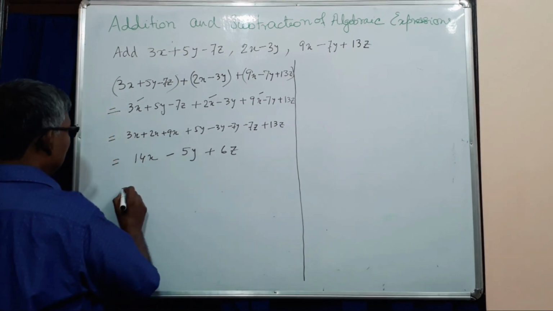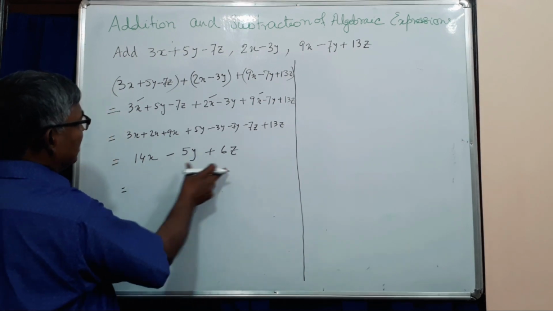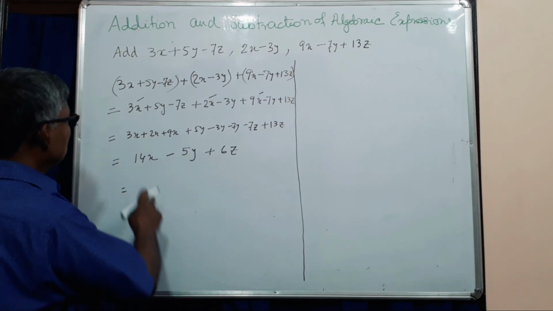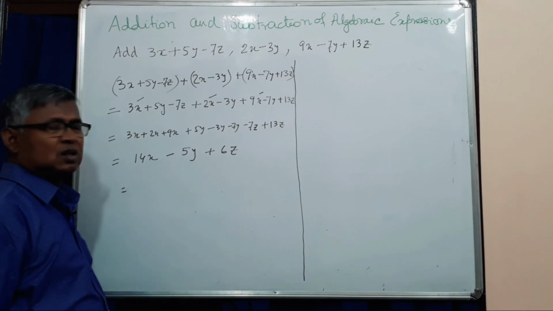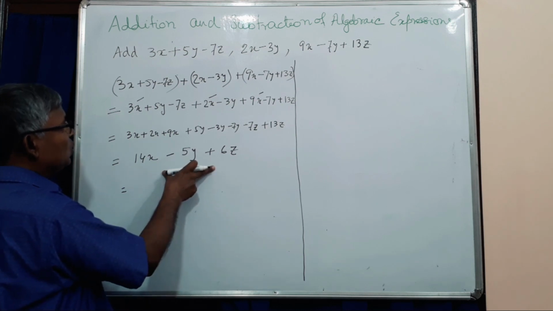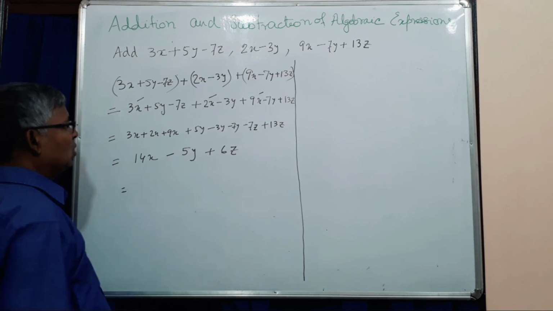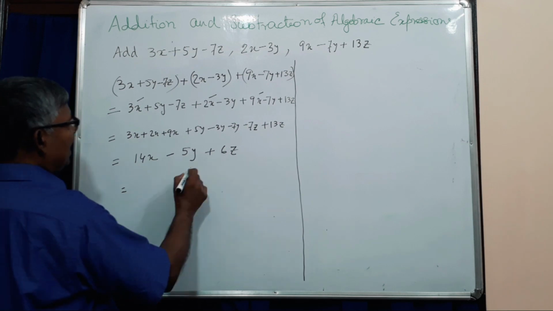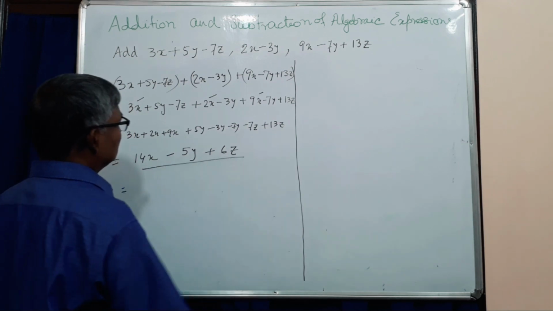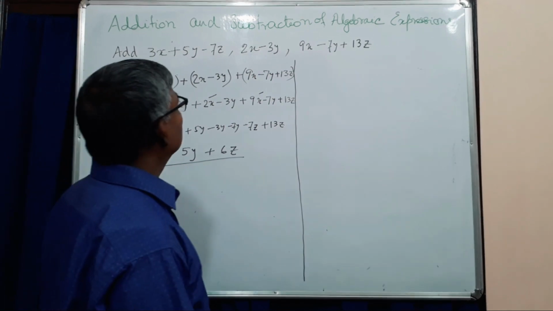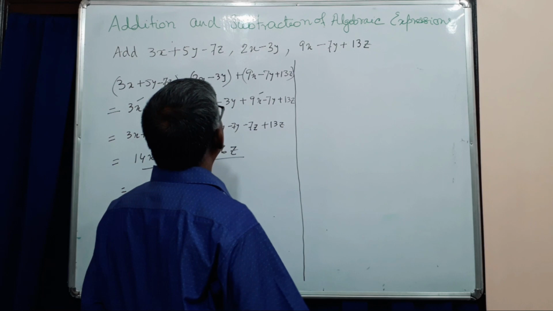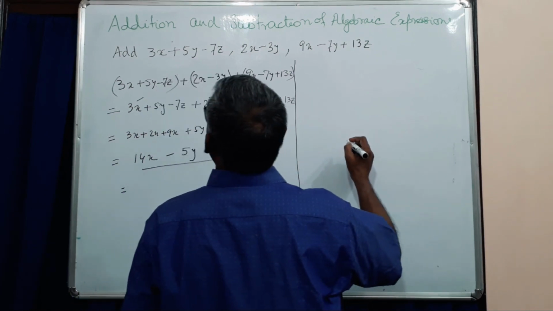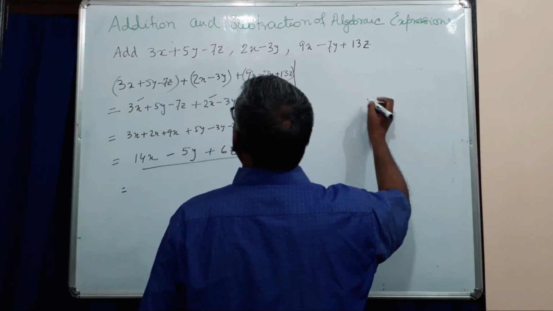Now see whether further addition can be made or not. Here you see x, y, z, three different variables. So it is not possible to add more. So it is the final answer. Now let us write how it is solved in vertical method. Vertical addition or vertical method.